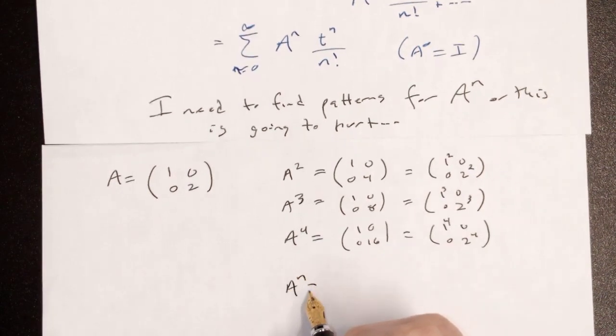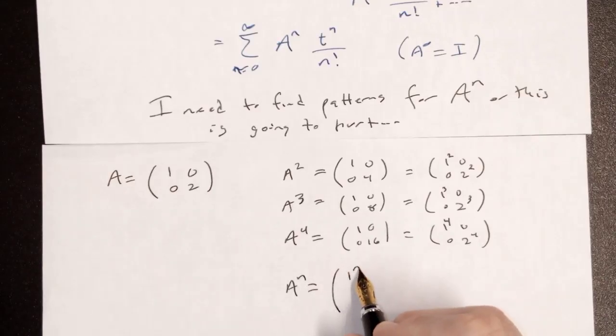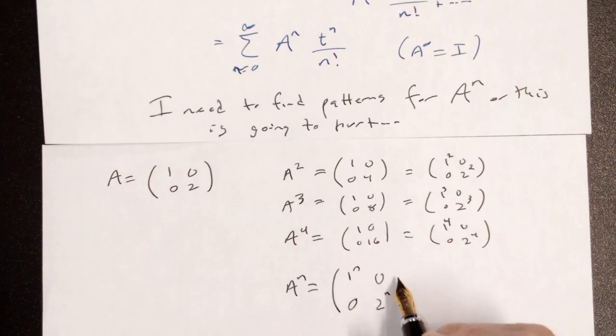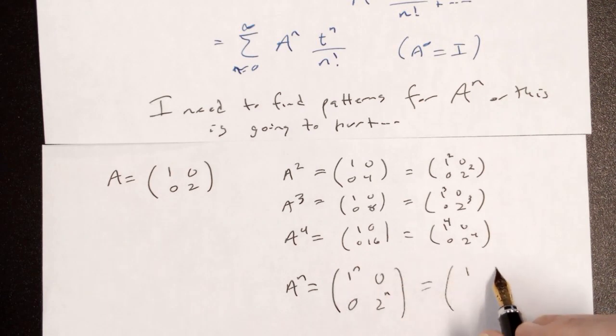What's a to the nth power? But 1 to the n is always 1. Technically, I should use a proof by induction to show that it works.